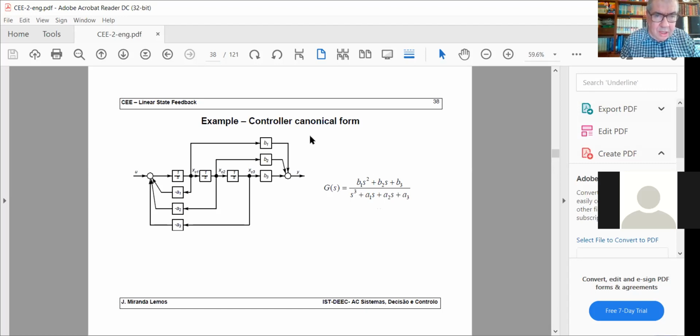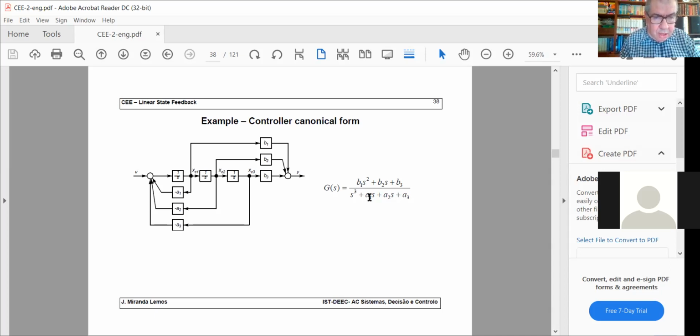Now, one state realization for which you can solve easily the state feedback problem, later we are going to see that, is this controller canonical form. Okay, so you can easily write the state equations considering that the states are the output of these three integrators. Okay, and this A1, A2, A3, B1, B2, B3 are the coefficients of the transfer function.